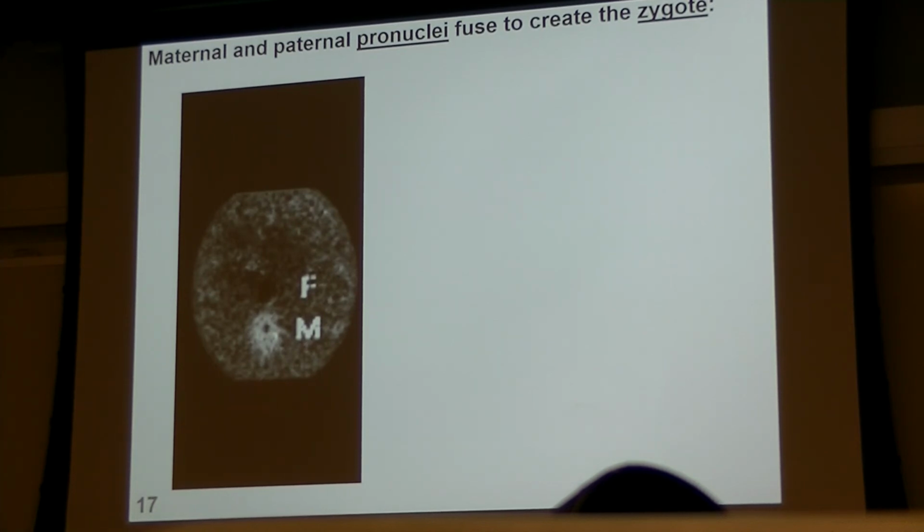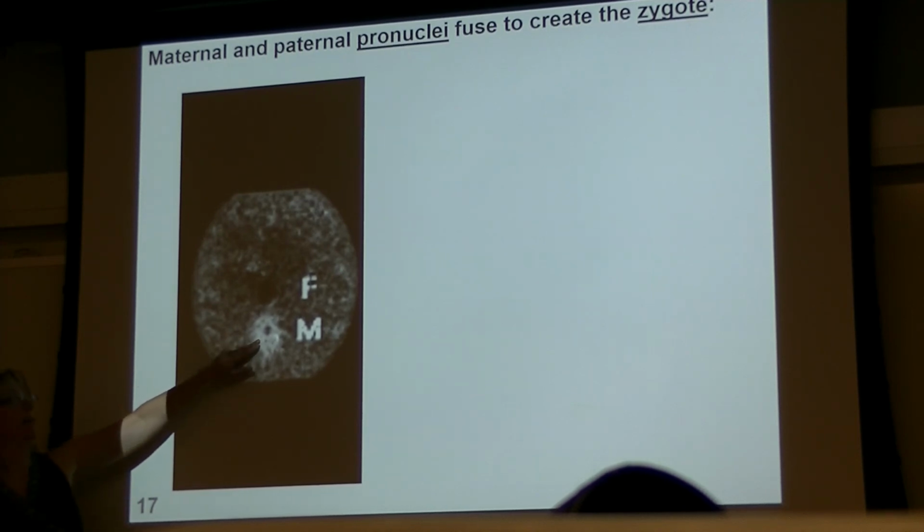Okay, so now we have a situation where egg and sperm are joined together. Each one of those cells contributed a nucleus, and so we have two haploid nuclei in cytoplasm that have to find each other, migrate together, and fuse. So these are called pronuclei because they're the precursors to the diploid nucleus. And there's a male pronucleus and a female pronucleus.